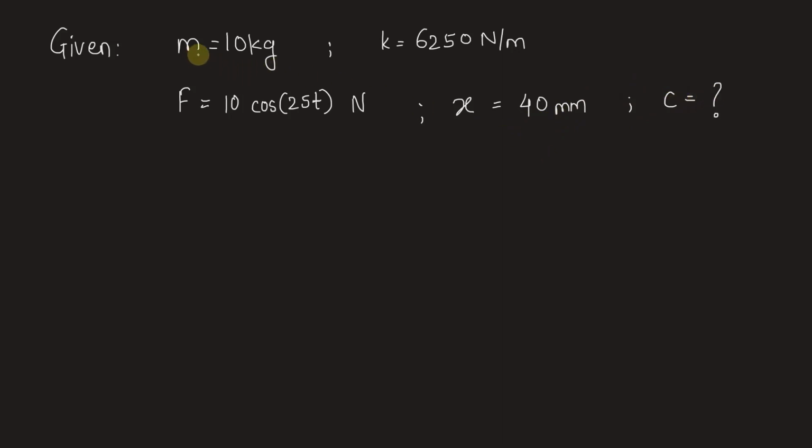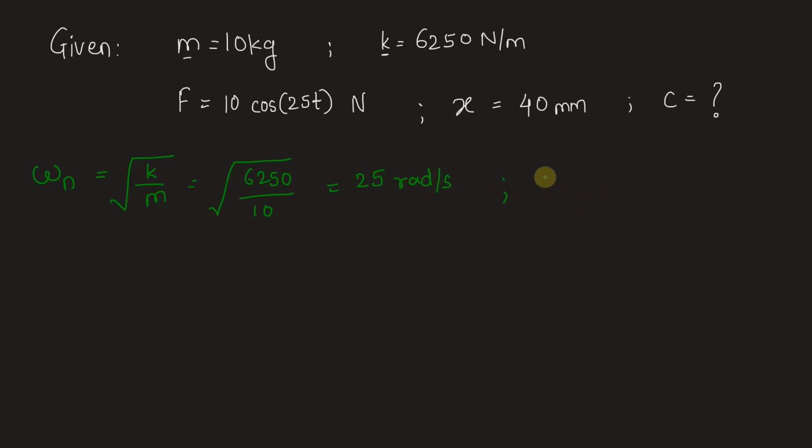So from the given data, we can see that using mass and stiffness constant, we can find out natural frequency of the system, omega n first. So omega n will be root over K by M, which will be equal to root over 6250 divided by 10. This gives us omega n to be 25 radian per second.